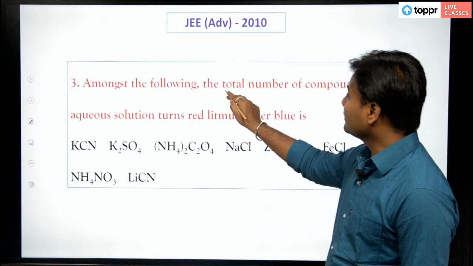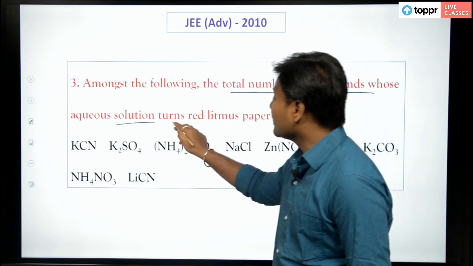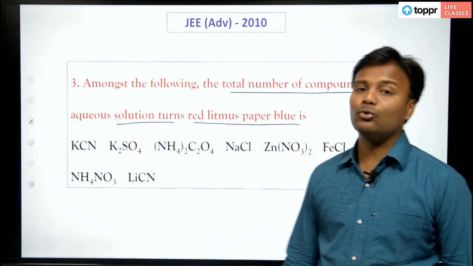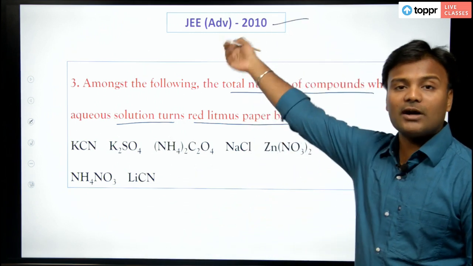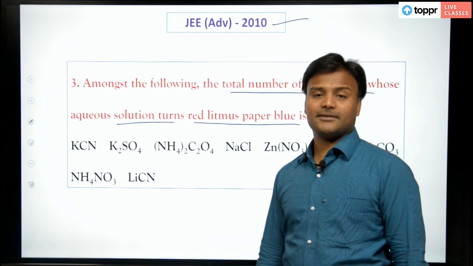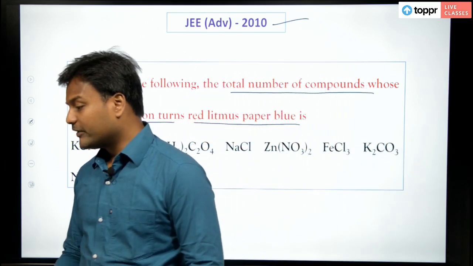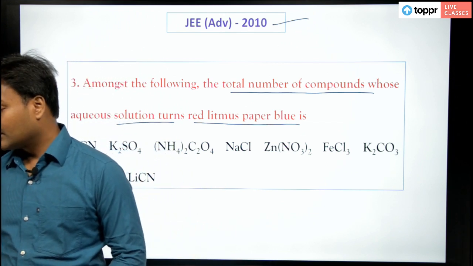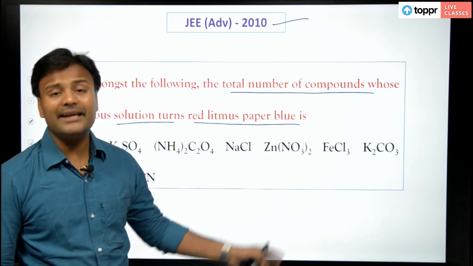Among the following, the total number of compounds whose aqueous solution turns red litmus paper blue. What does it mean? This question was asked in the Advanced 2010 subjective paper. Red litmus turning blue means the solution should be basic in nature.